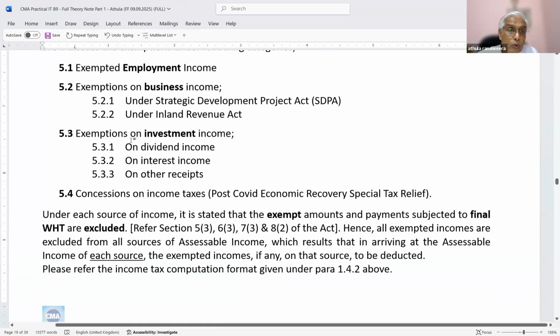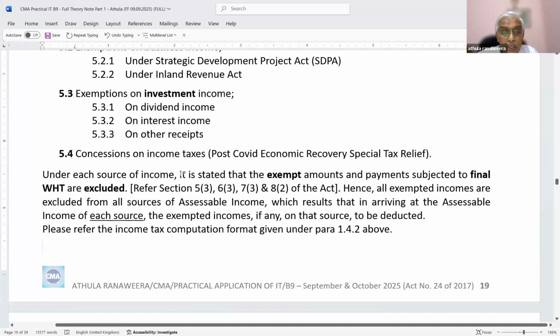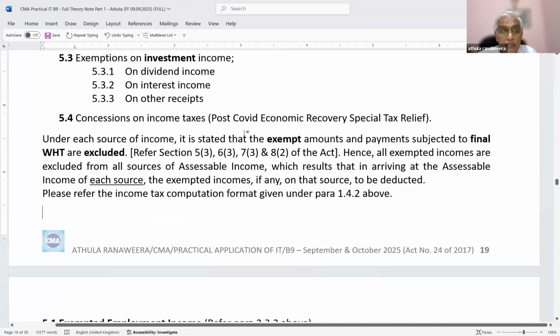Under each source of income, it is stated that when we take each assessable source of income, it says excluding the exempt income. Therefore, exempt income, exempt amounts and payments subject to final withholding taxes are excluded.